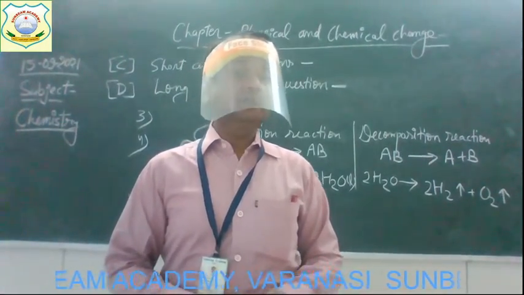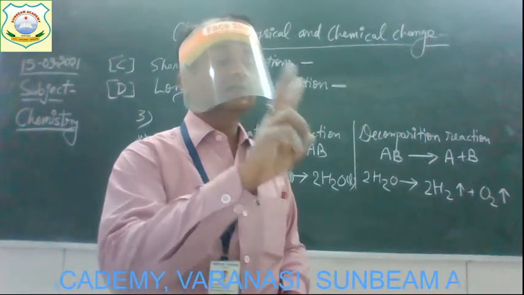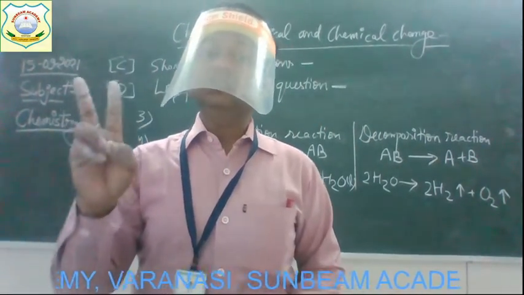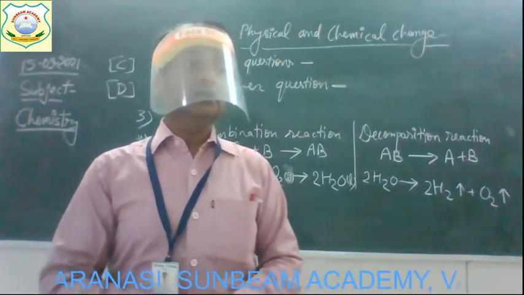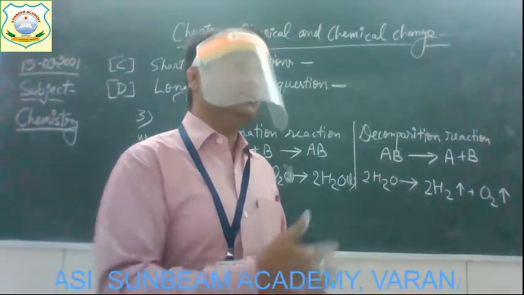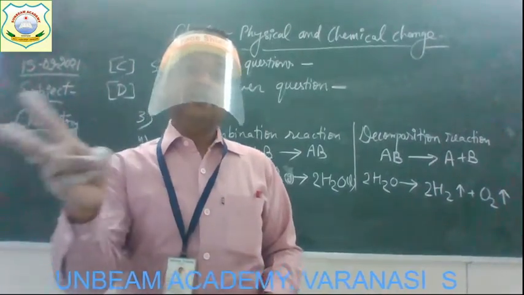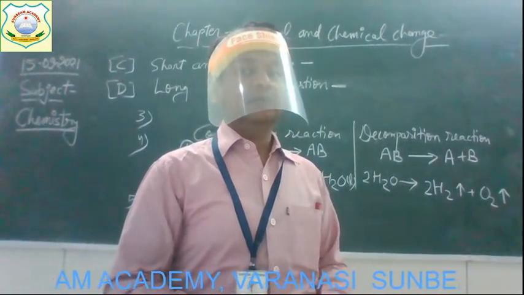Children, here you have to write the two conditions used in decomposition reaction. When the decomposition or breakdown will occur, in what conditions? Two conditions are there and you have to explain them with the help of an example.